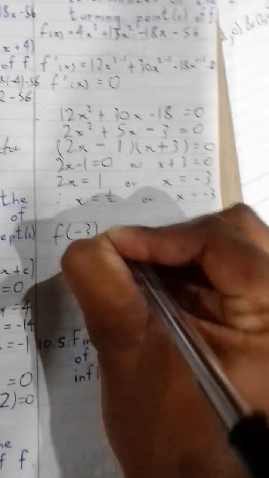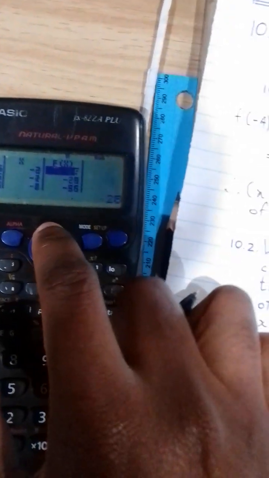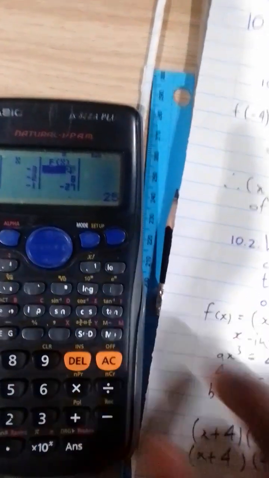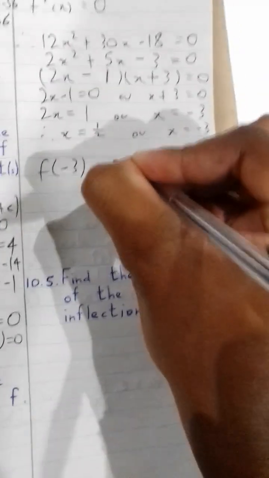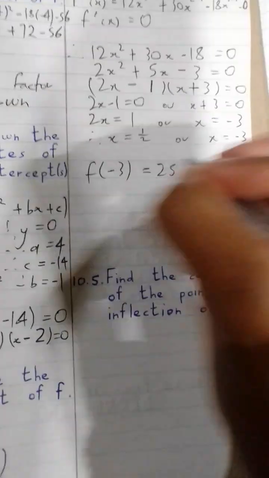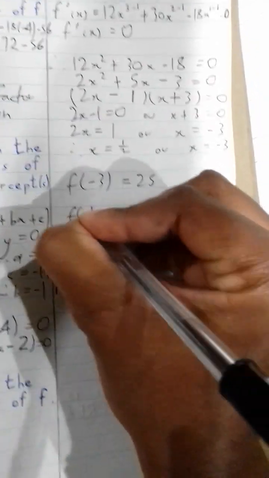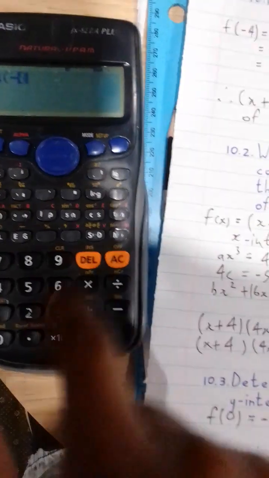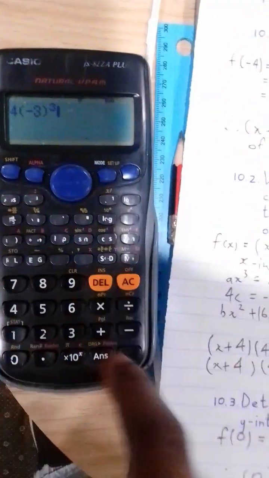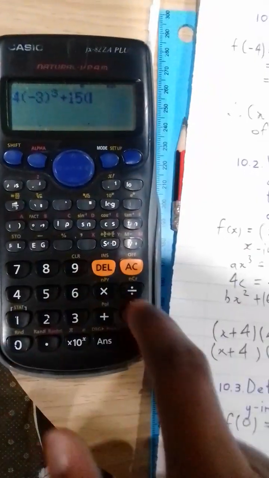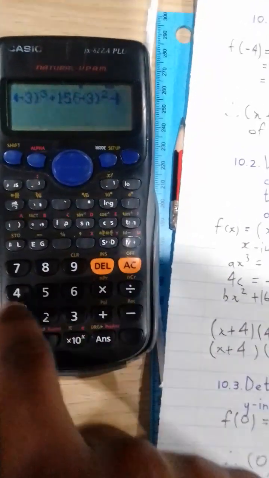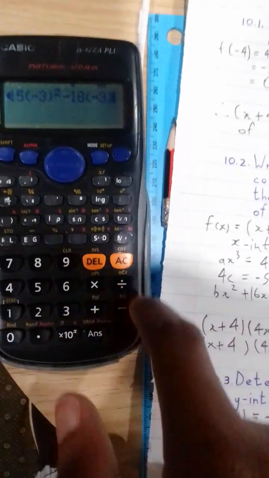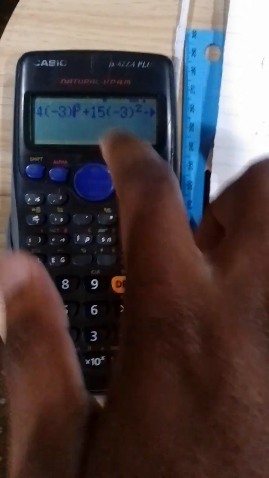So f of negative 3 is 25, as you can see there. And then f of half. Let's check negative 3. There we go. Then half, where there's x we put half.